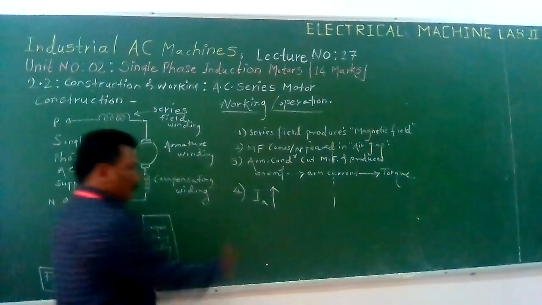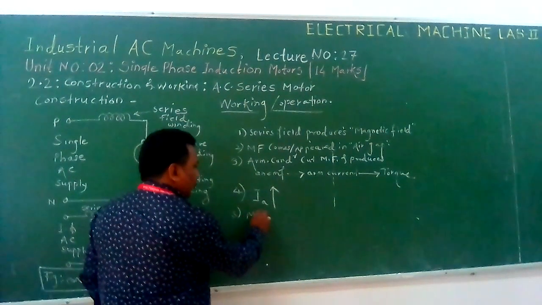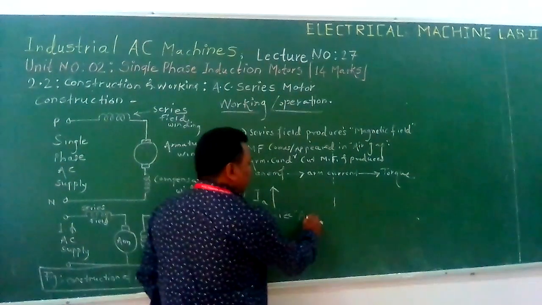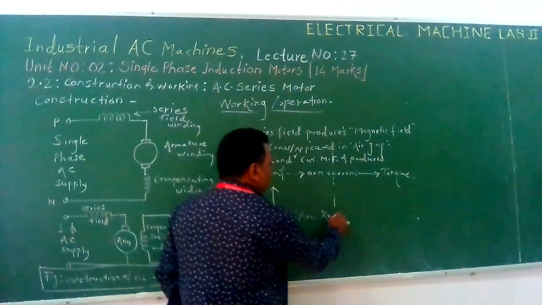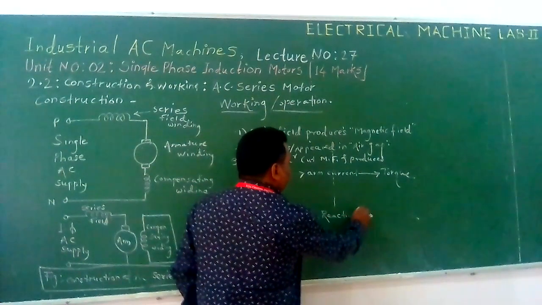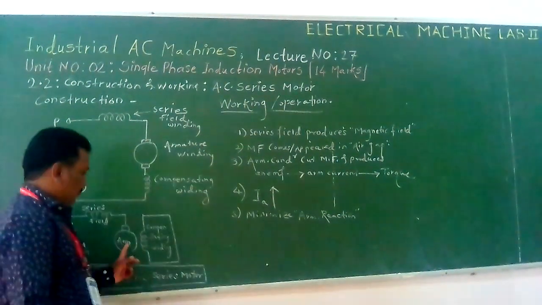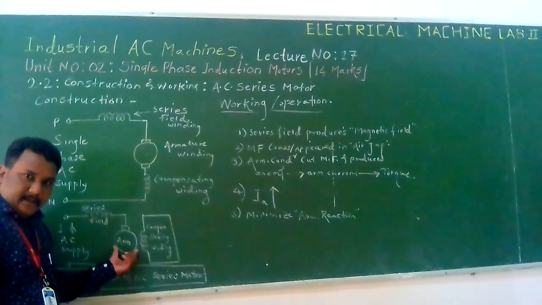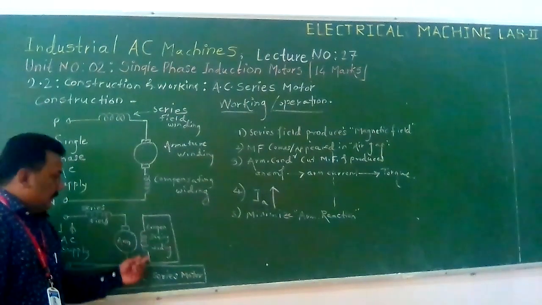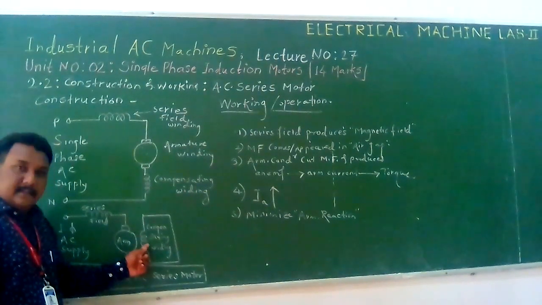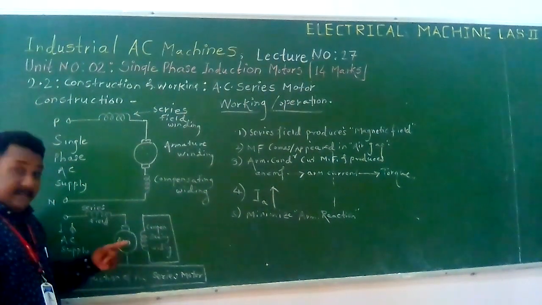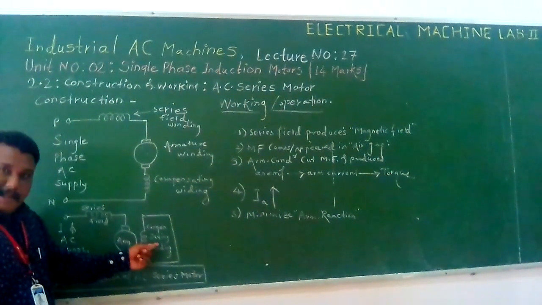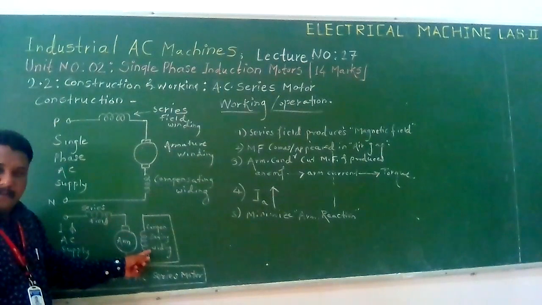So here, to minimize the armature reaction, see, the armature acts as a transformer primary and the compensating winding acts as the secondary. The excess magnetic field in the air gap will be neutralized by the compensating winding.